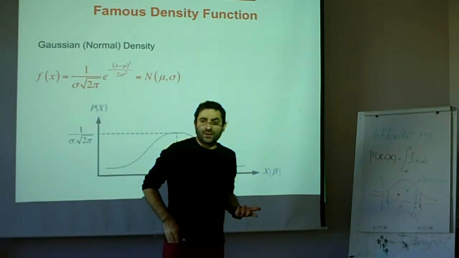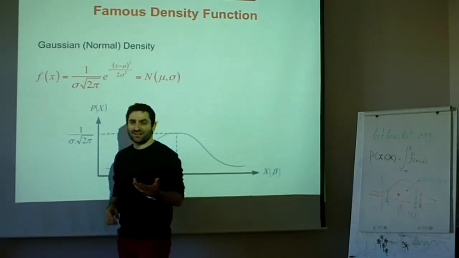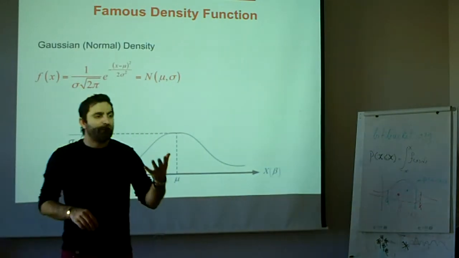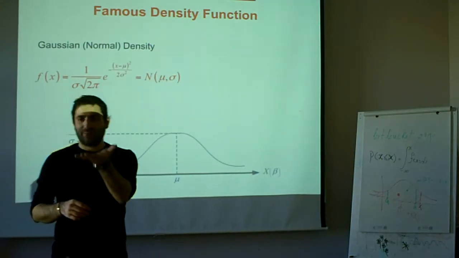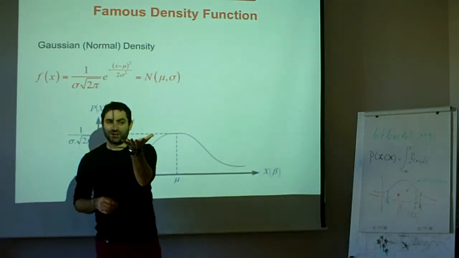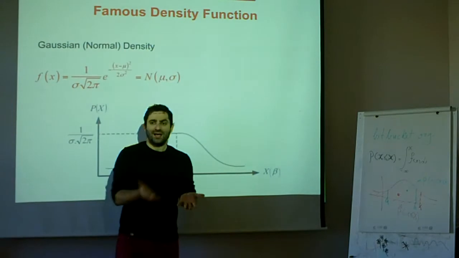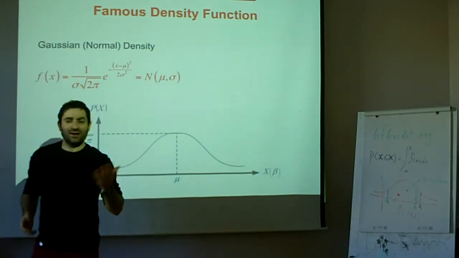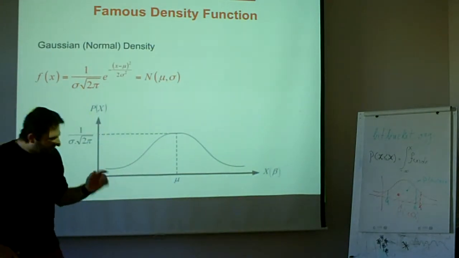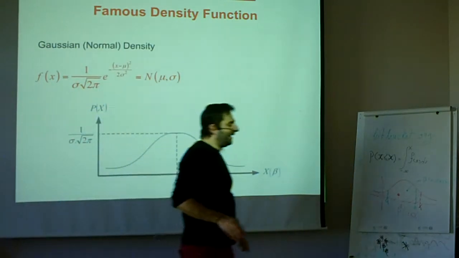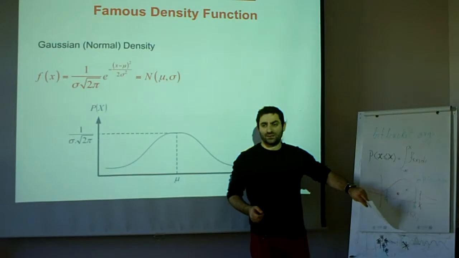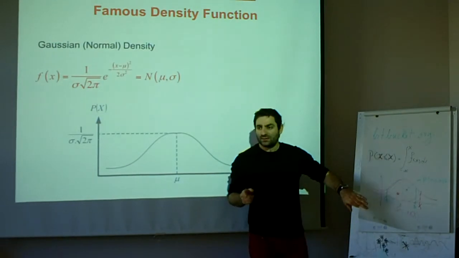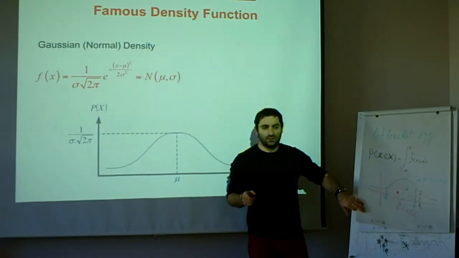But the good thing about the normal distribution, the Gaussian distribution, is that lots of mathematicians have already calculated it, and we have the table of the normal distribution. In other words, we can look at the table and find the area underneath the graph. We will review later in this course how to use the table to find the values. Is there anyone who has never used this table before?